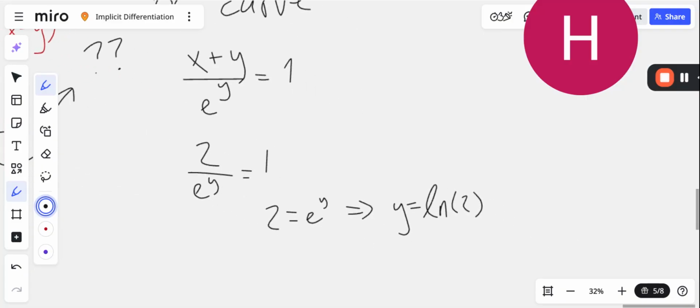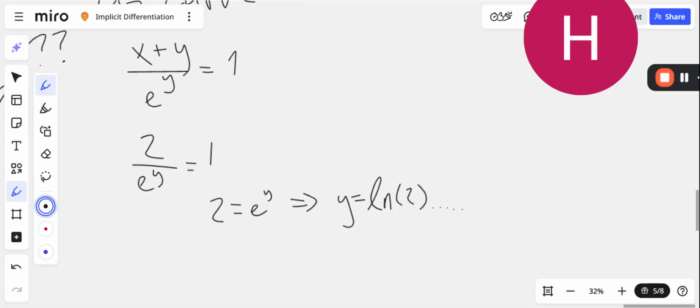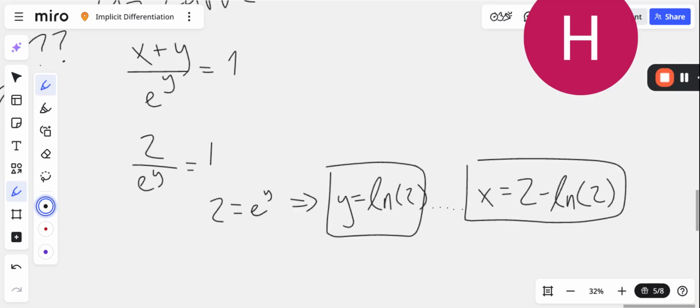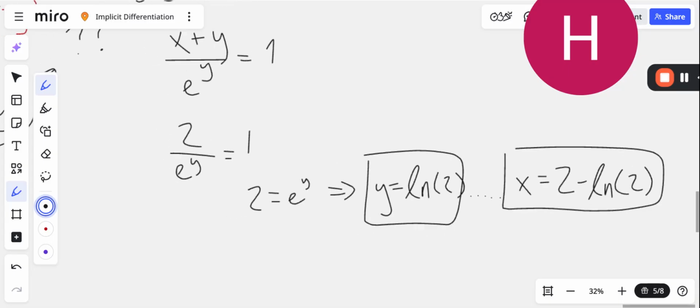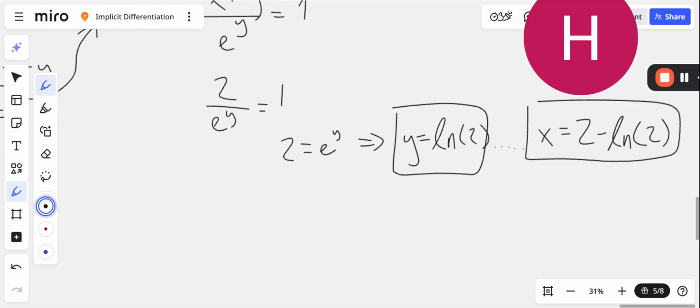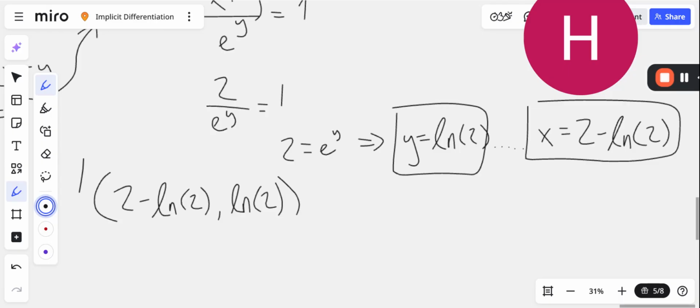Very interesting y value. And if y equals ln of 2, then x equals 2 minus ln of 2. It's like the rest of the 2, because they add up together to make 2. Right? So the point on the curve, and it is on the curve, is 2 minus ln of 2, comma ln of 2.